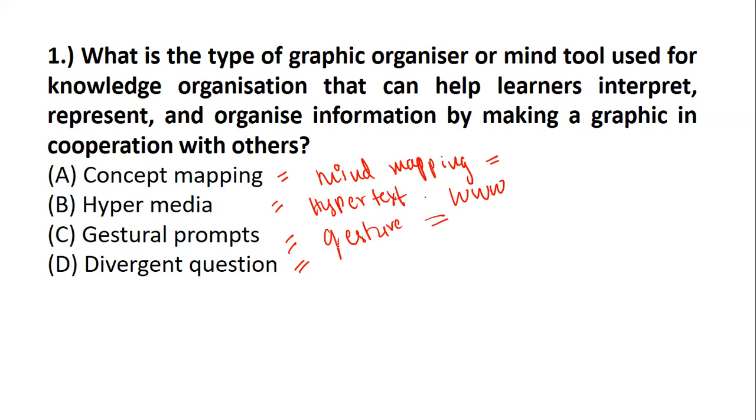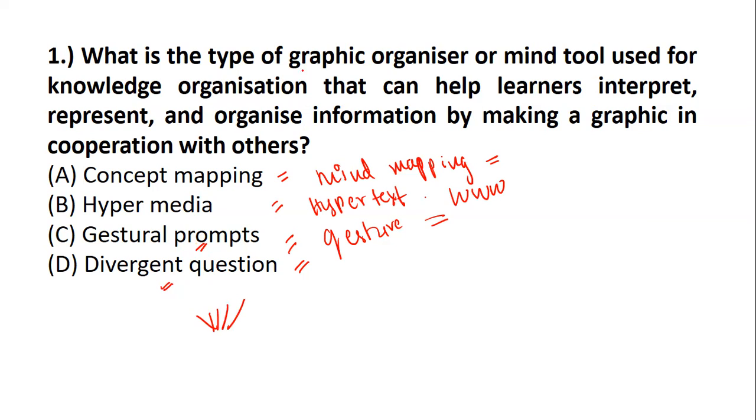For example, I want to tell you that you have to sit down, but without uttering a word, with the help of a quick hand movement I show you that you are supposed to sit down, get up, move a little behind or move a little front. I give you such gestural information which helps you to quickly take the action. And divergent question means questions in a very diverse form.